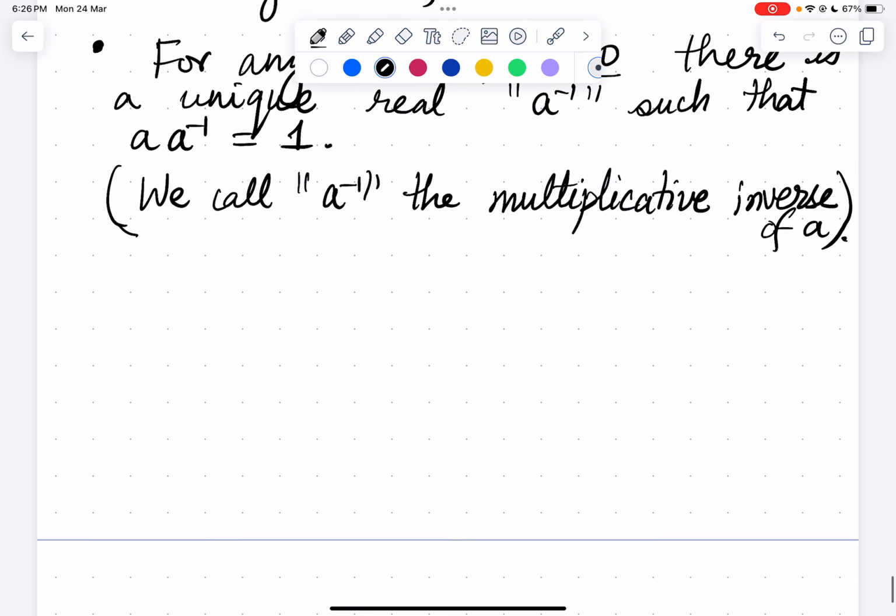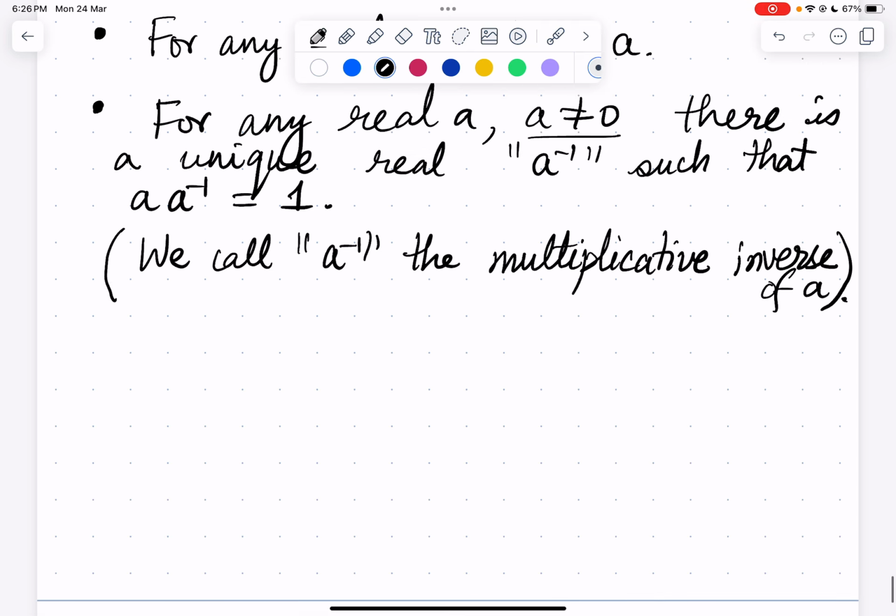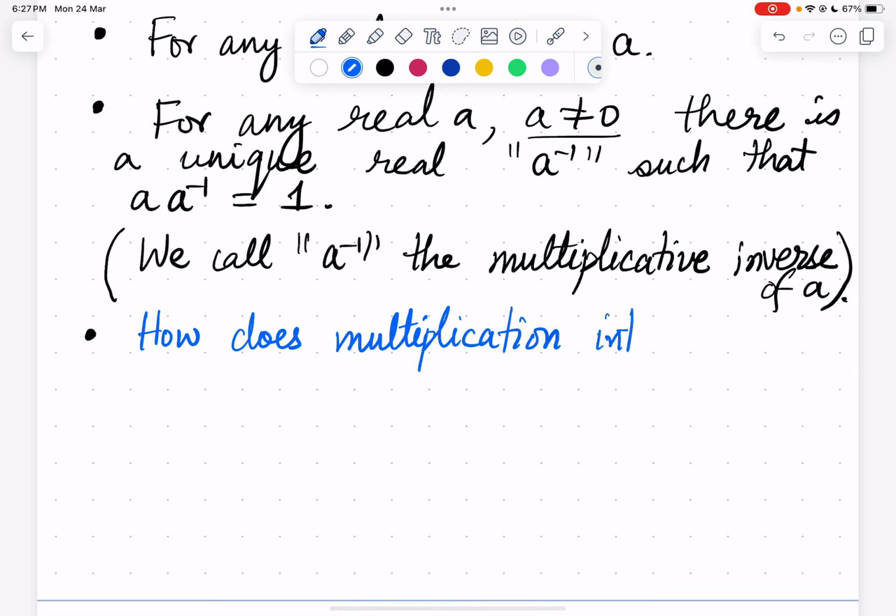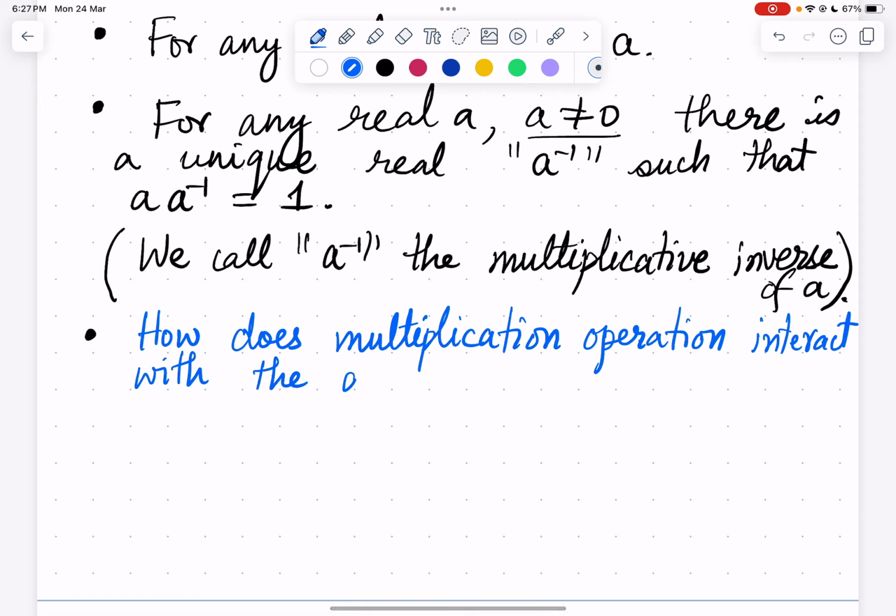So, and we have one additional property. So we can ask here in this property, how does multiplication interact with, or I'll just write, how does the multiplication operation interact with the addition operation?